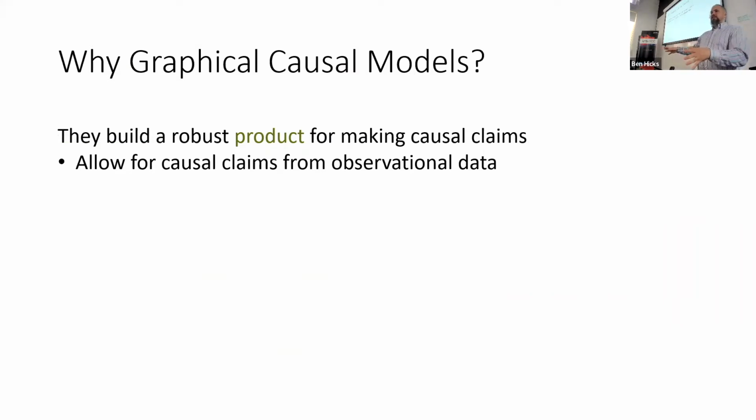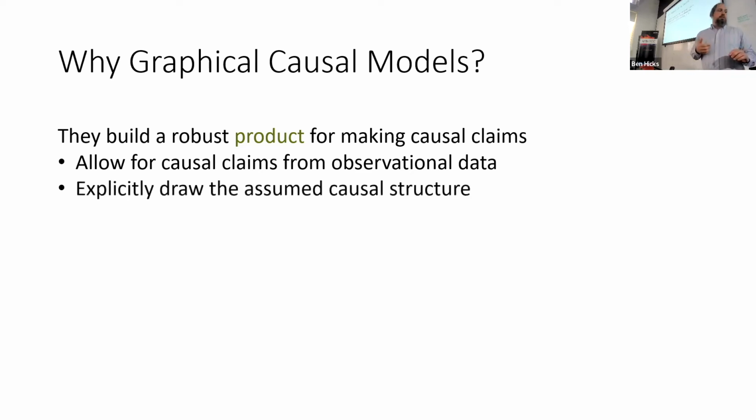They have a place in education, but where they're not possible, this is a way forward. It's important to note that this is not the only way forward. However, the graphical causal models explicitly draw the causal structure. This makes the assumptions scrutable and allows for easy interrogation of the assumptions. And I believe in the long run, that will make for a more rigorous method.